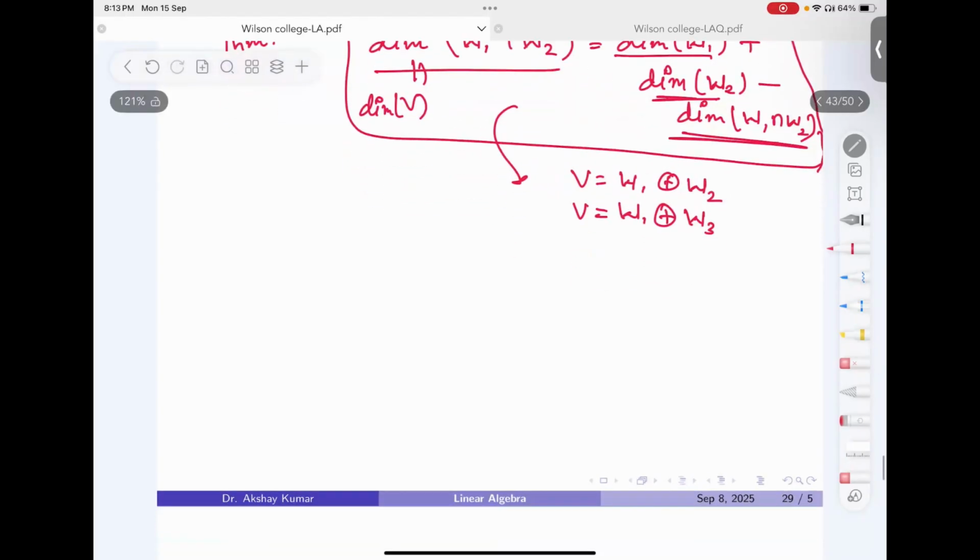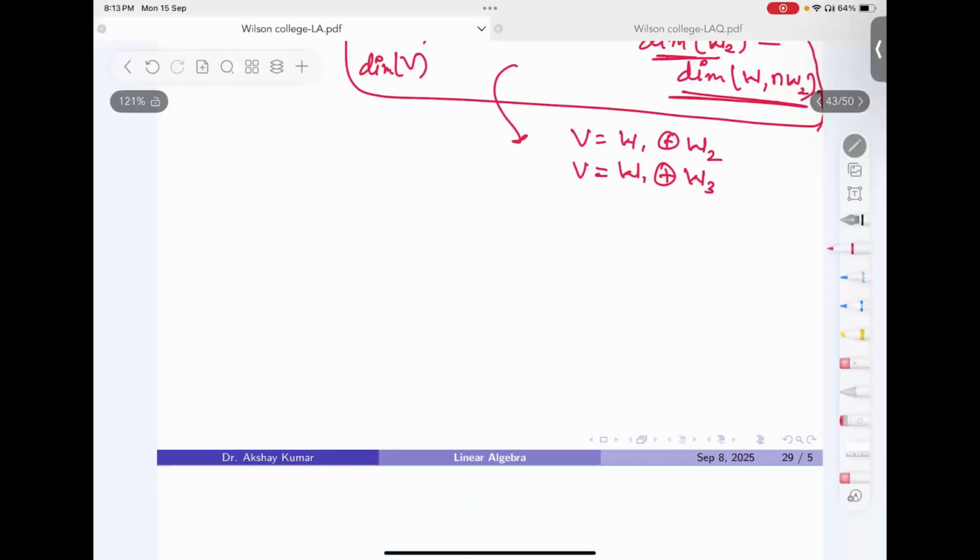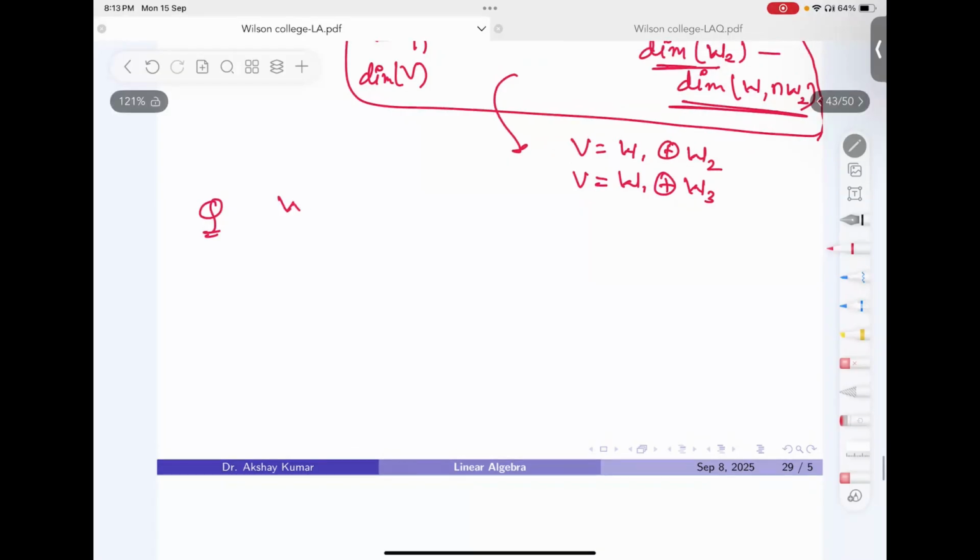Let me ask one more question here. Suppose you have one subspace W1 and one more subspace W2. When will the dimension of W1 intersection W2 be equal to the dimension of W1?